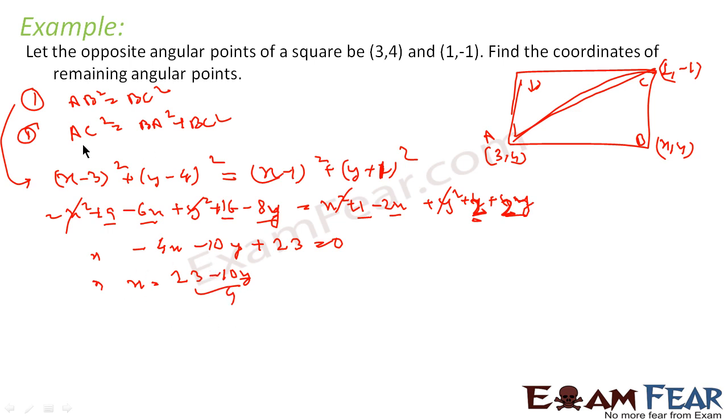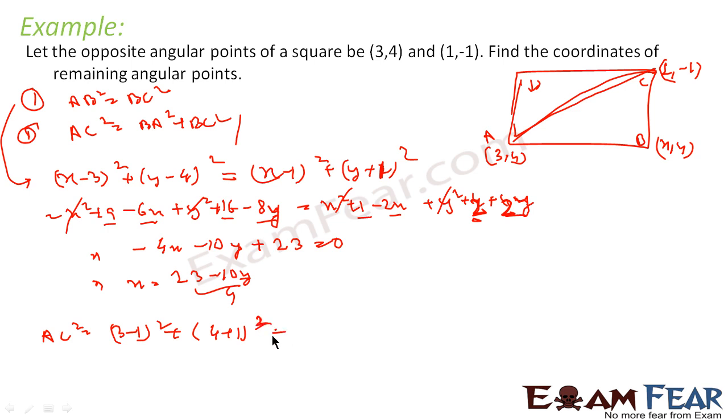Also we have another equation, AC square is equal to BA square plus BC square. AC square is (3 minus 1) square plus (4 minus minus 1) square.